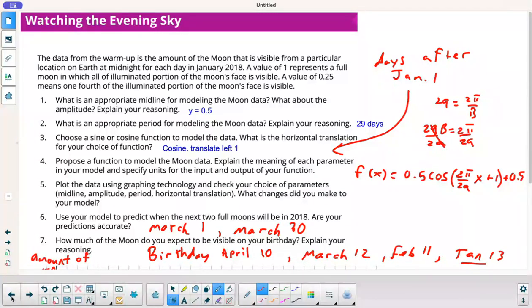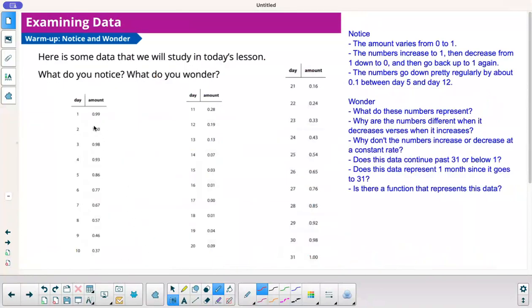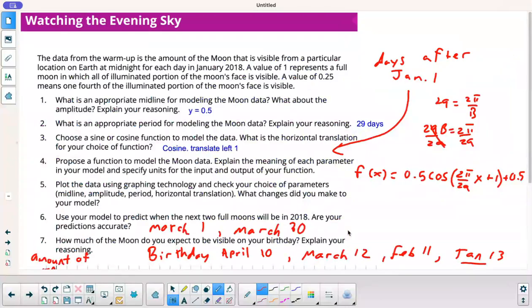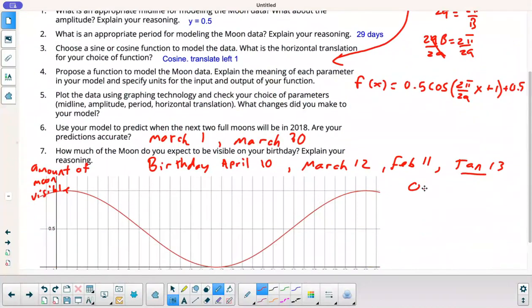So I go back to my table here and I look for January 13th. So January 13th would be 12 days after January first. So it'd be right there, 0.19.